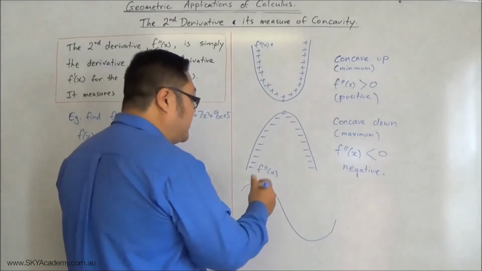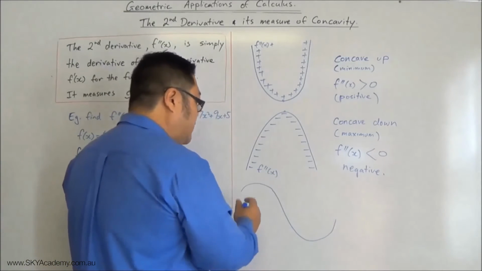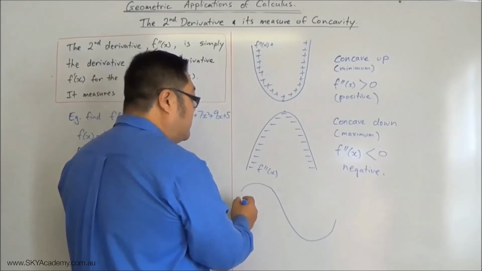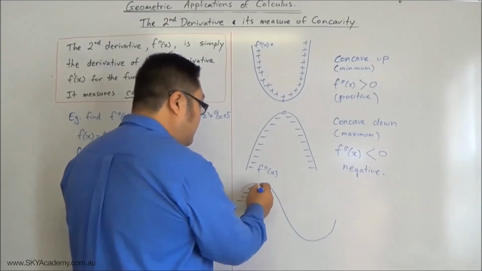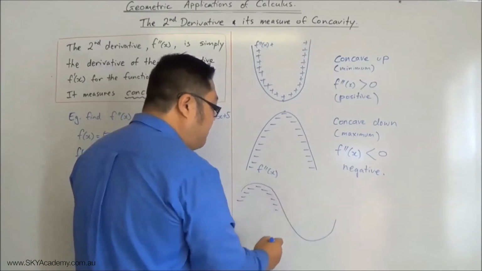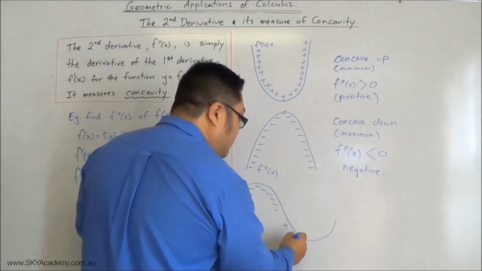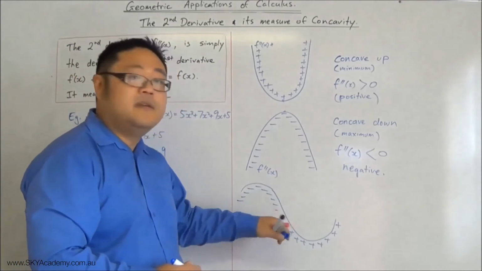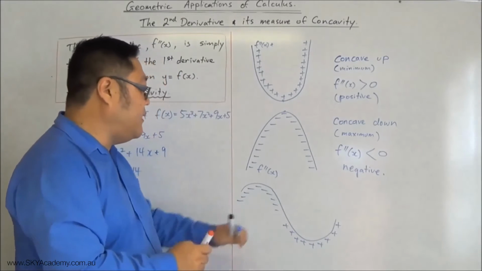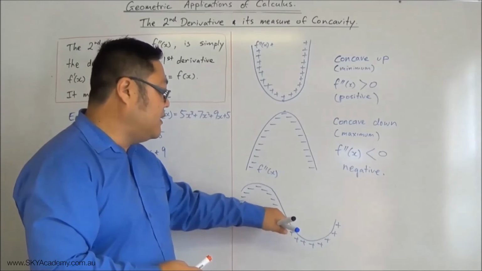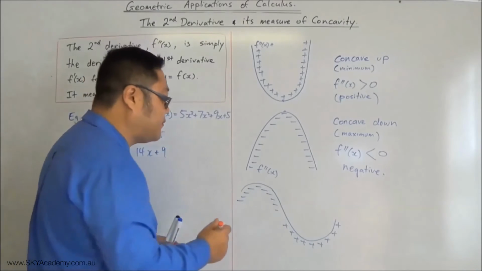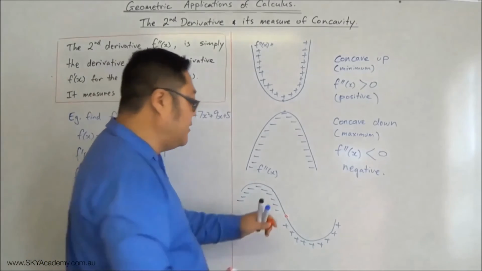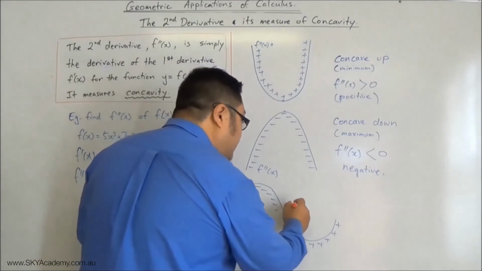So the second derivative goes from being negative to being positive, and there's a point right in between the negative and the positive, say that point there, where the concavity changes.